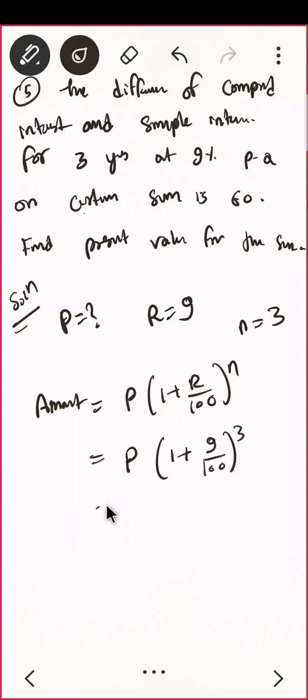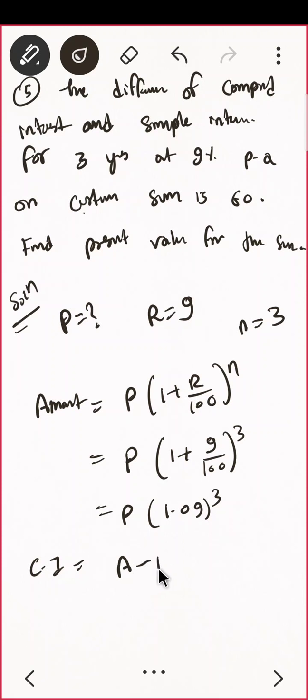So what is 9 upon 100? P into 1.09, no? Yes, 1.09 raised to 3. Let us keep it as it is. So what will be my compound interest?